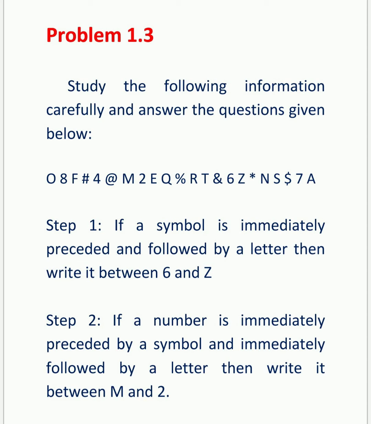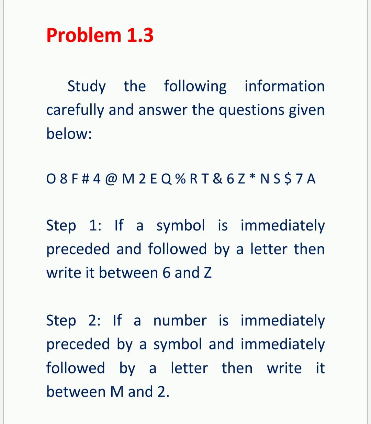Then they give 2 steps. Step 1: if a symbol is immediately preceded and followed by a letter, then write it between 6 and Z. That is, if we find a symbol satisfying these 2 conditions, then we have to write the symbol between 6 and Z. Step 2: if a number is immediately preceded by a symbol and immediately followed by a letter, then write it between M and 2.